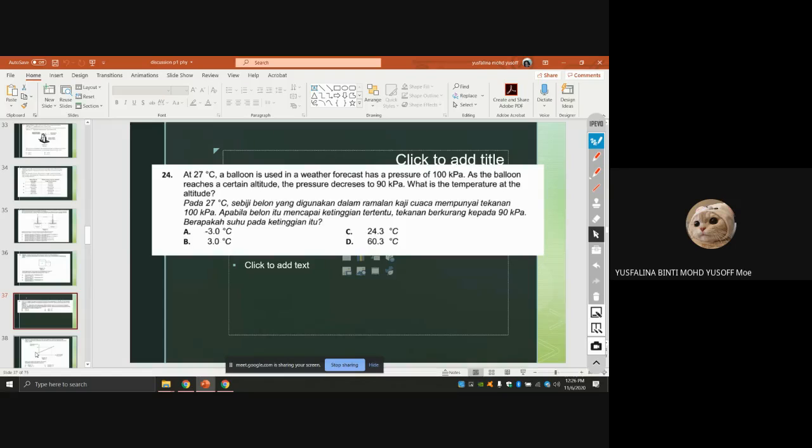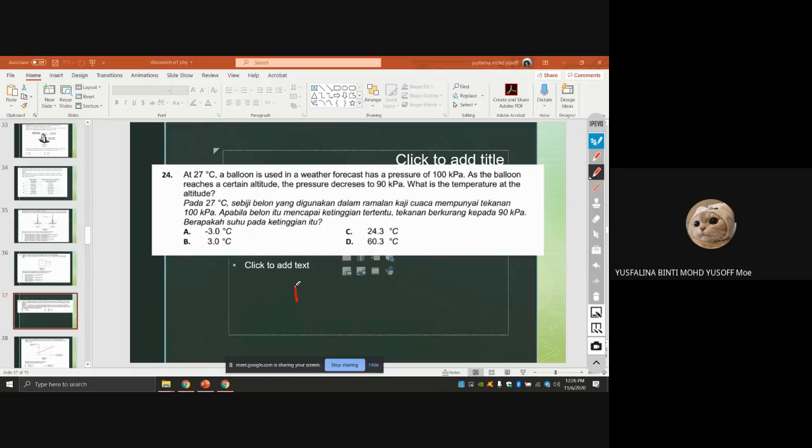At 27 degrees Celsius, a balloon used in weather forecasting has a pressure of 100 kilopascal. As the balloon reaches a certain altitude, the pressure decreases to 90 kilopascal. What is the temperature at that altitude? This one uses the gas law, pressure and temperature, so it is the pressure law.